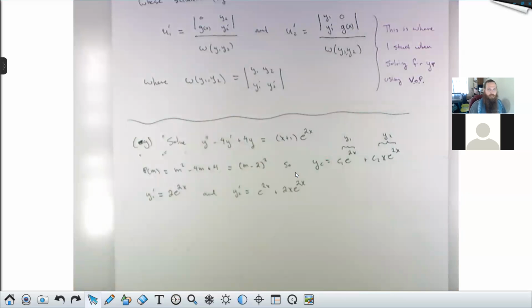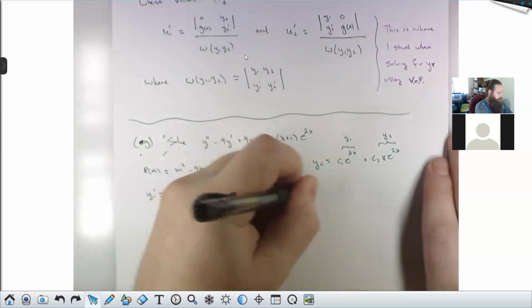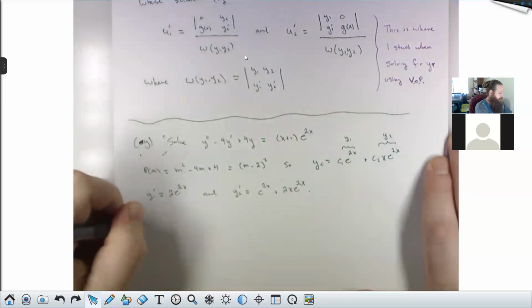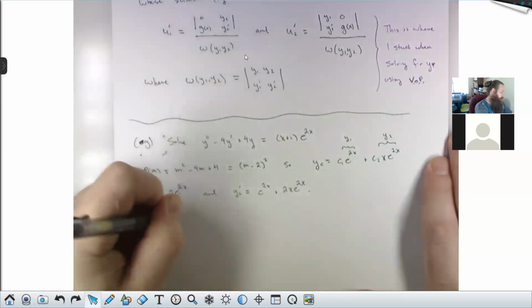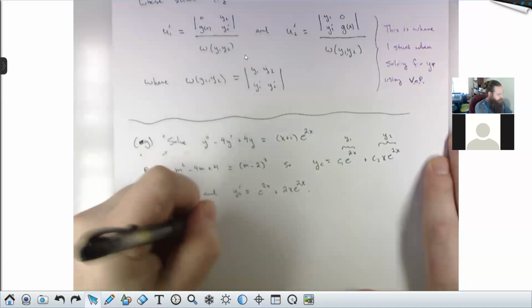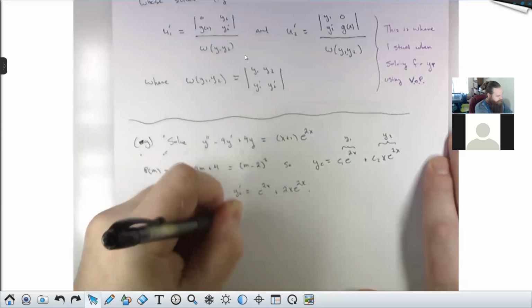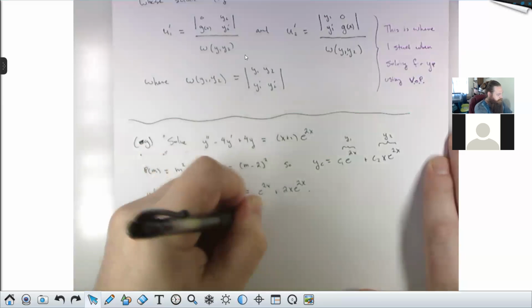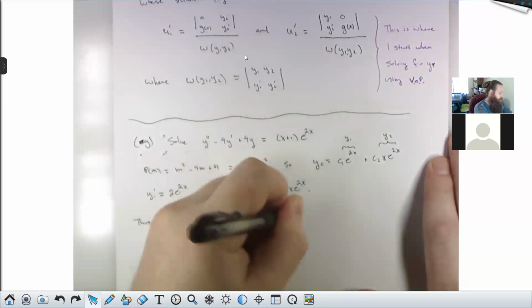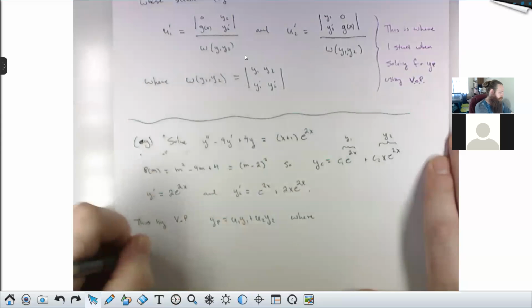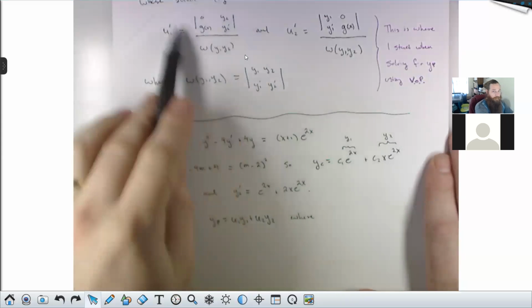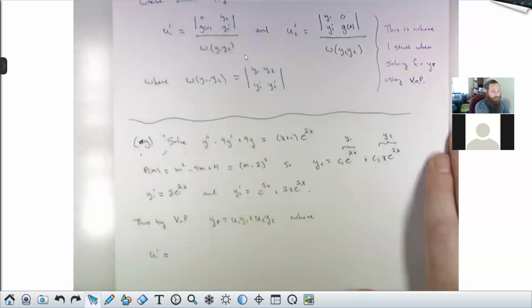So I can evaluate u1 prime by variation of parameters. Yp is u1 y1 plus u2 y2, where u1 prime is this divided by the Wronskian.